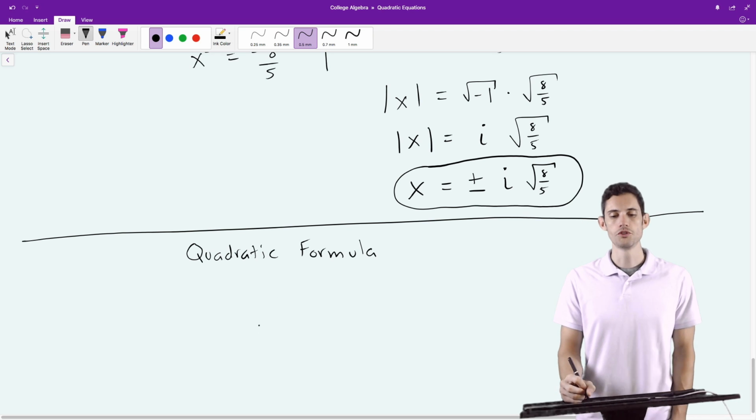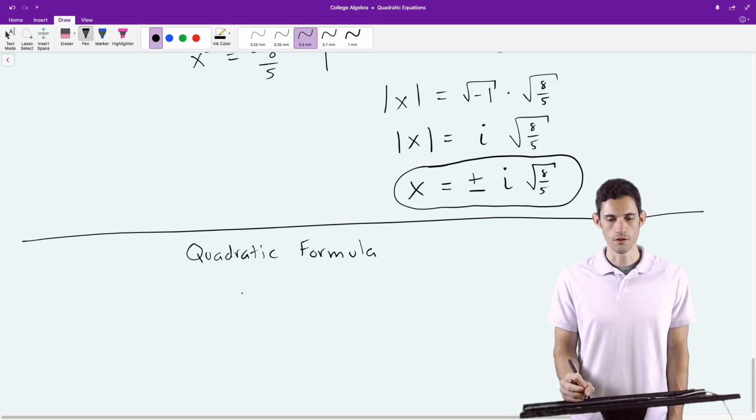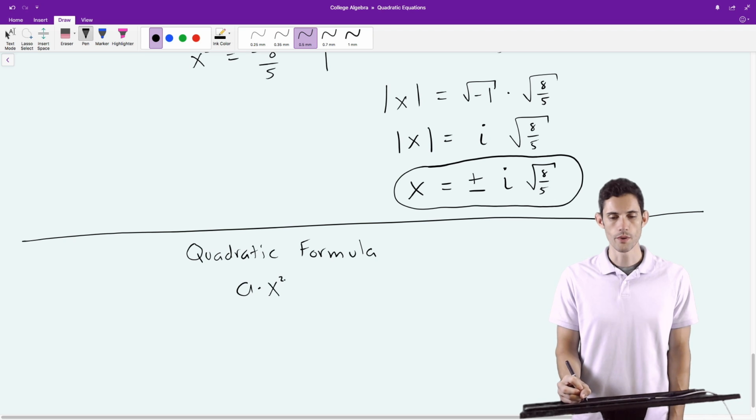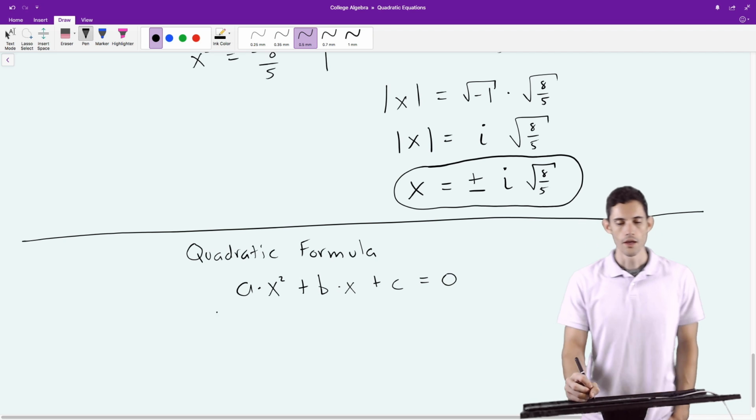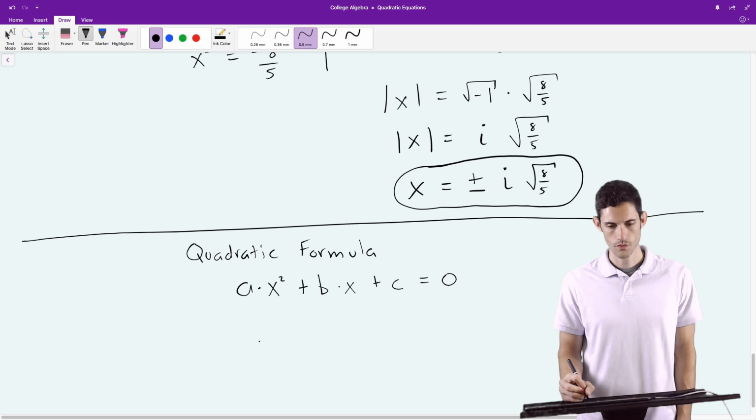So the most general way you could write a quadratic equation is some number is multiplying an x squared, and some number is multiplying an x, and some number is a constant, and that's equal to 0. And I can write down the solution.